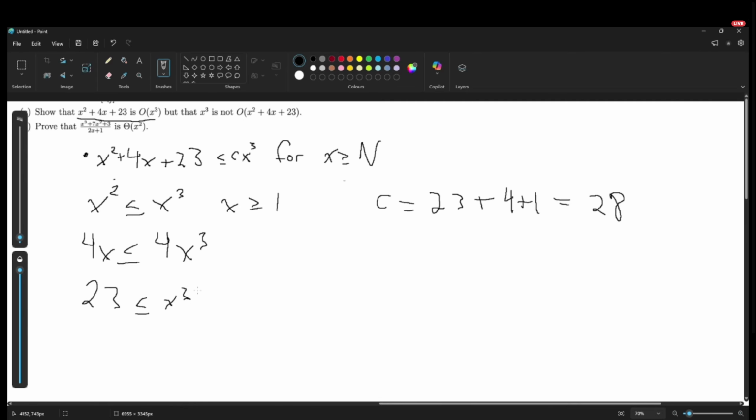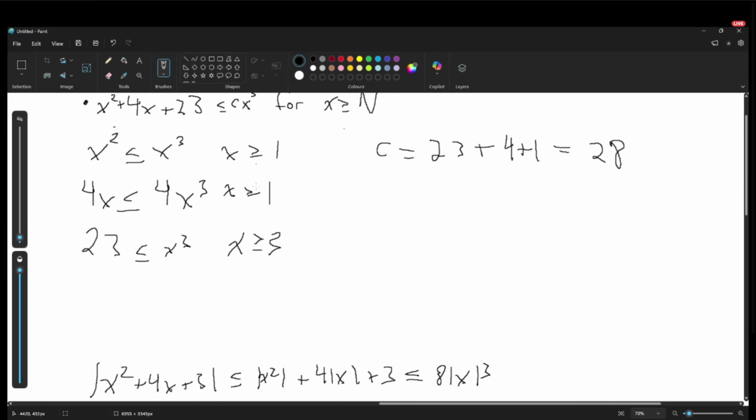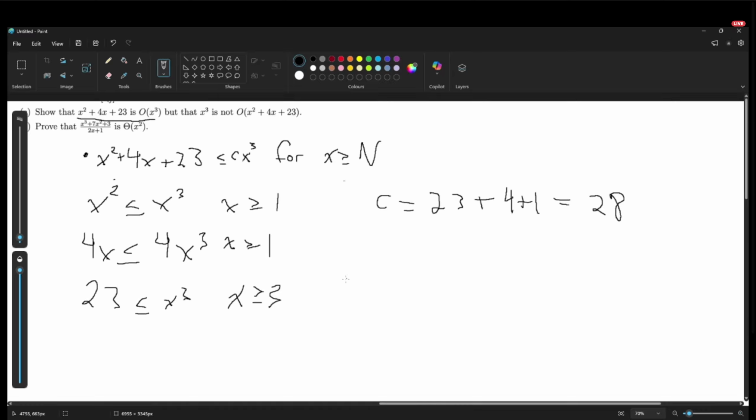x cubed. And then this condition's for x greater than or equal to 1, but this condition is for x greater than or equal to 3. So then you would write, for x greater than or equal to 3, x squared plus 4x plus 23 is less than or equal to 28 x cubed.